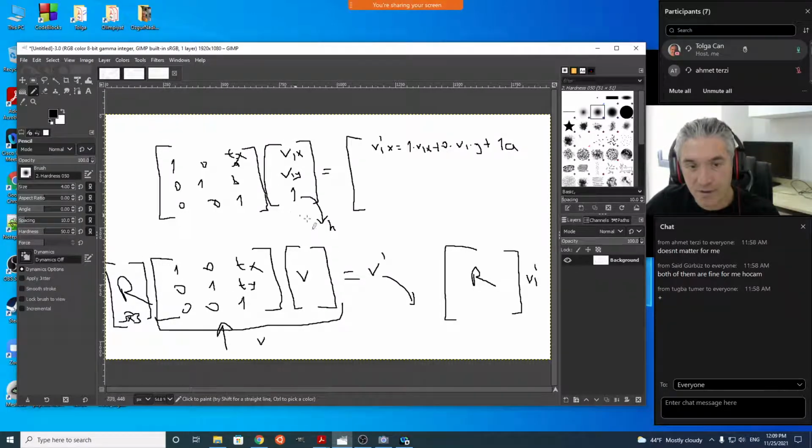The good thing is that you can compose the entire transformation as a single 3 by 3 matrix by just computing this. Since the instructions are constant, this part is the changing part.